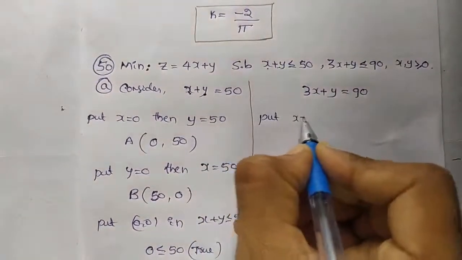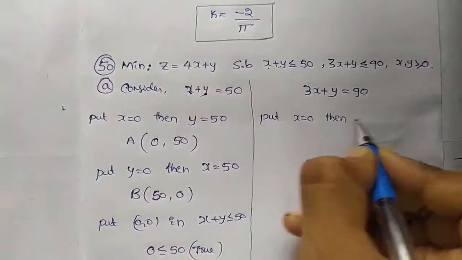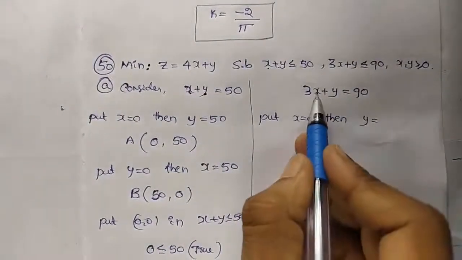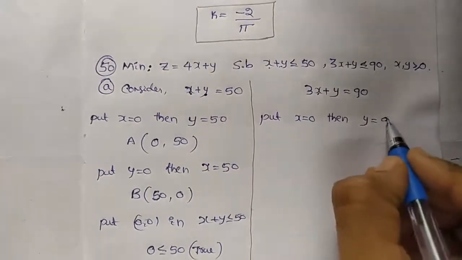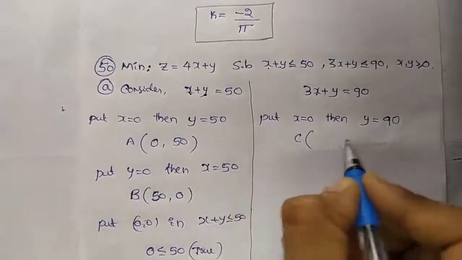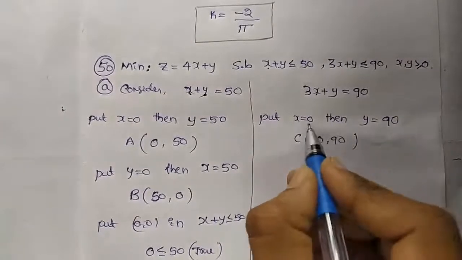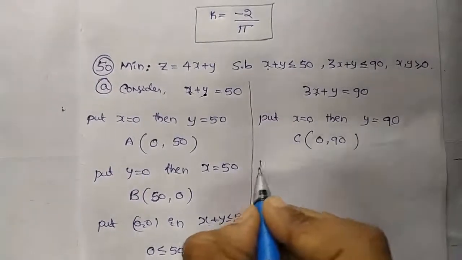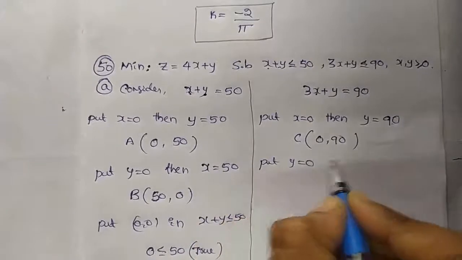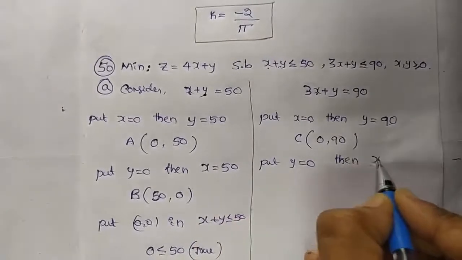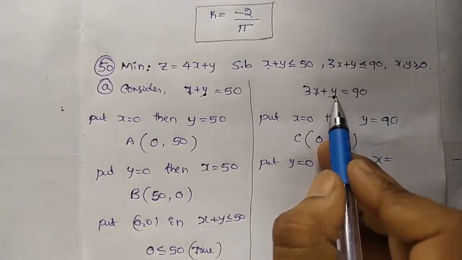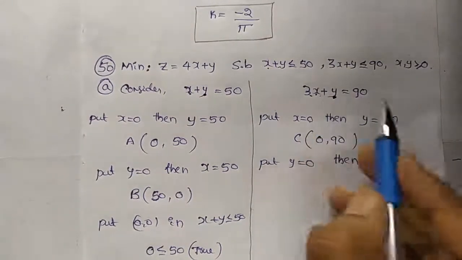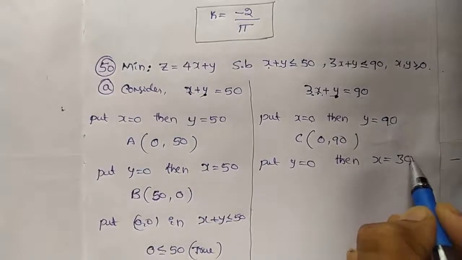Put x equals 0, then y equals 90. Therefore the point C is 0 comma 90. Next put y equals 0, then 3x equals 90, x equals 30.